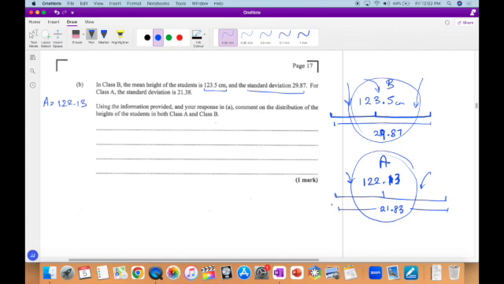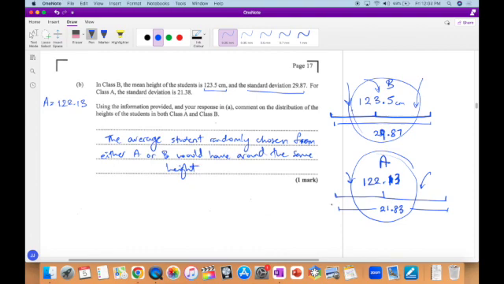And that is the comment that we could put here: the average student randomly chosen from either A or B would have around the same height.